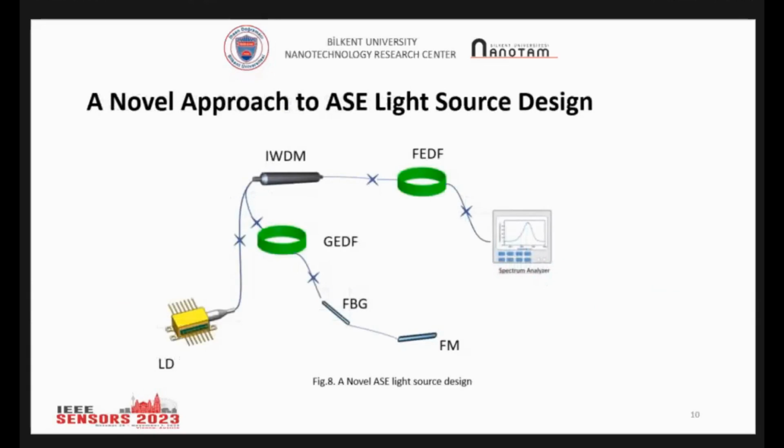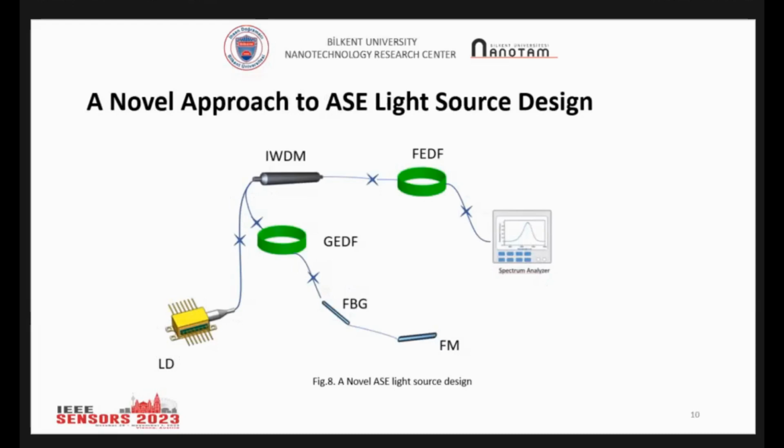We took a novel approach to the design. If you remember from the previous slides, one end of our erbium fiber is terminated. Instead of terminating, we chose to use a Faraday mirror for the termination end of the erbium fiber.